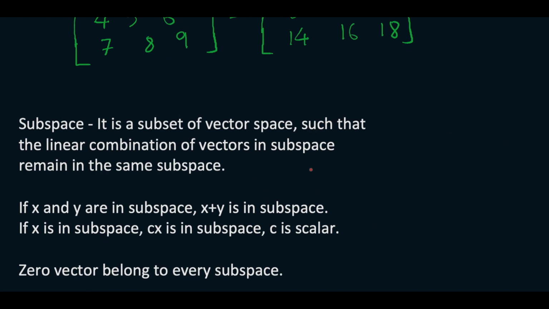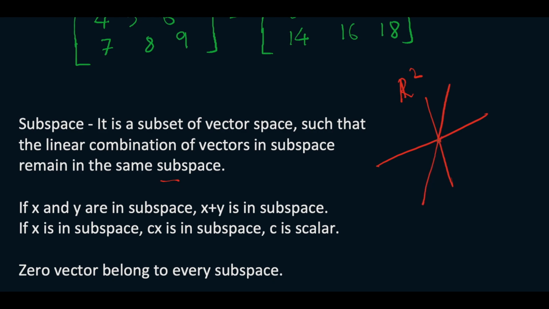Now let us see what subspaces are. A subspace is a subset of a vector space such that the linear combination of vectors in the subspace remains in the same subspace. That is, in R2 we considered a line.